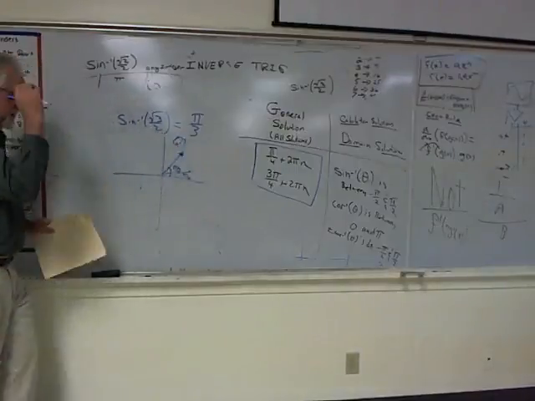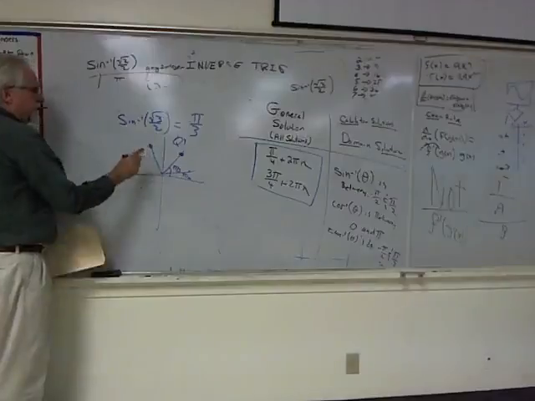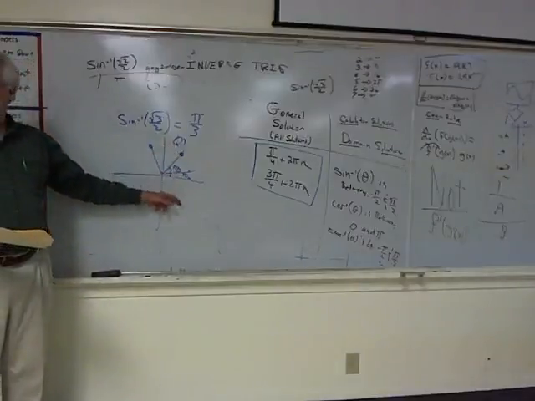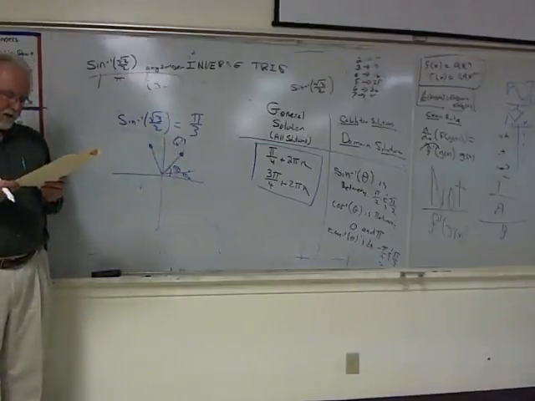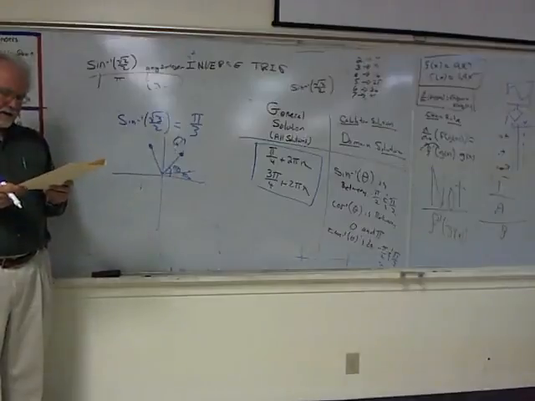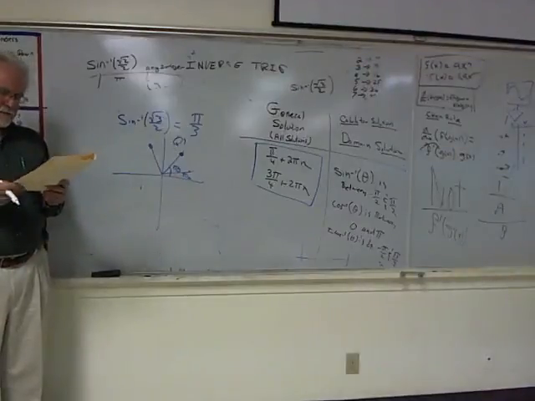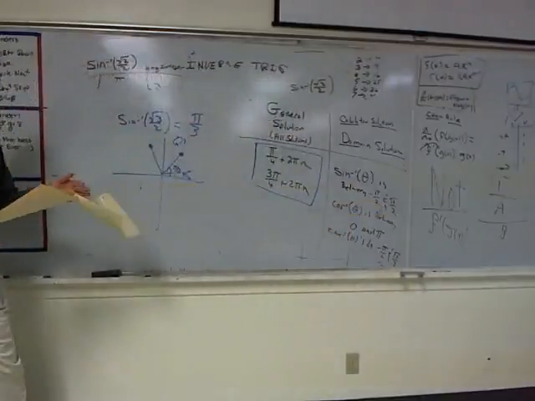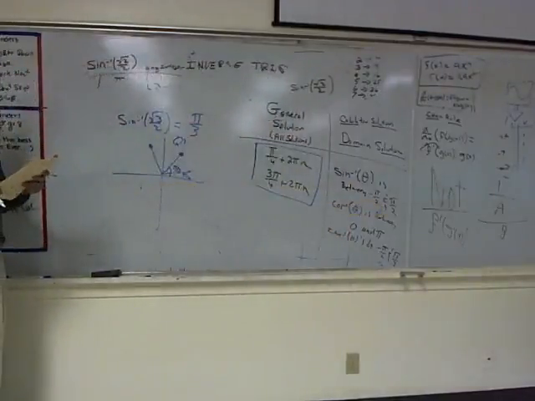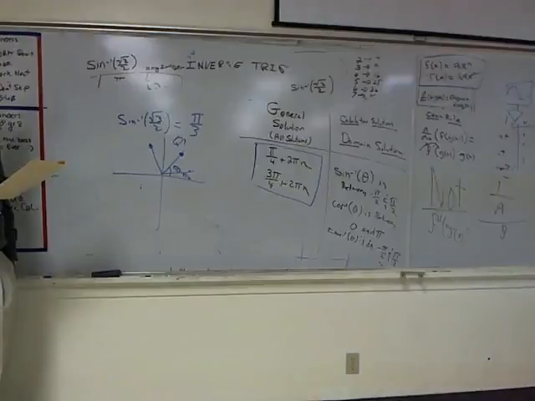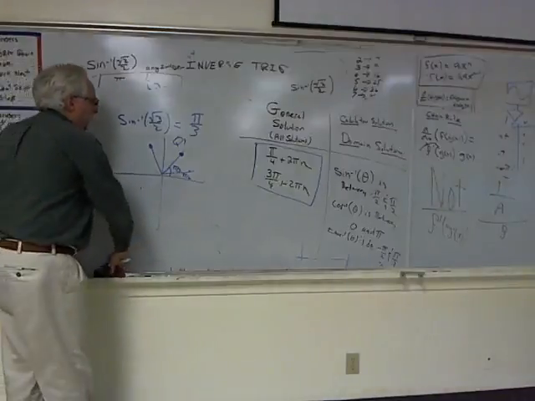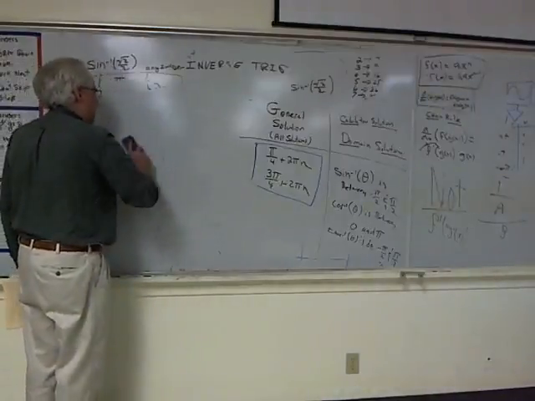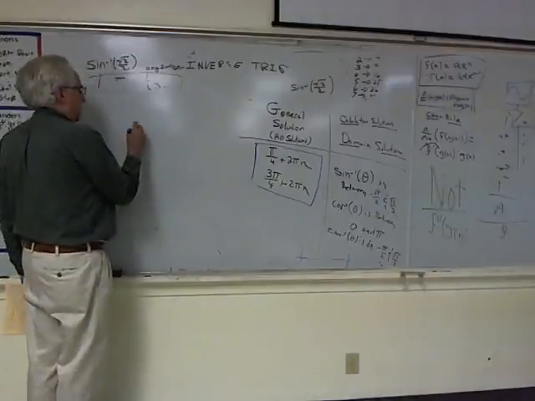Okay. Cosine inverse wants what? Between 0 and pi. So cosine inverse wants the answer in quadrant 1 and 2. Do you see that this gives you a unique solution? Because what does cosine look like between 0 and pi?